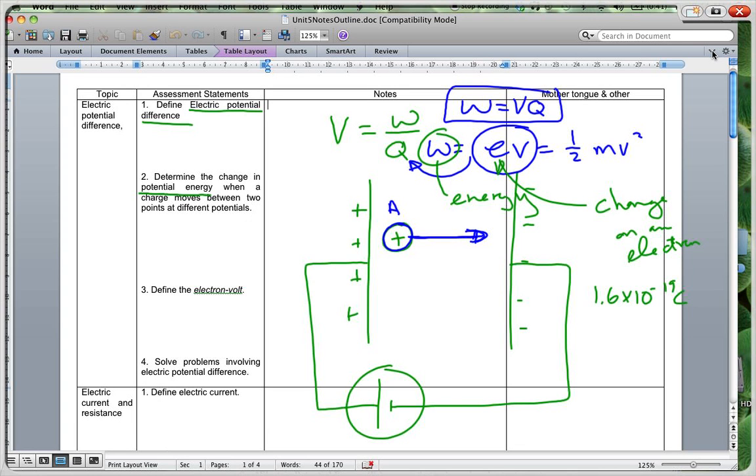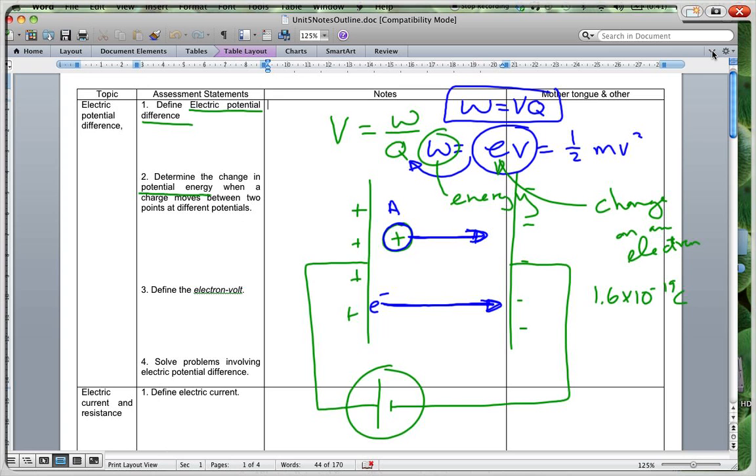In this case over here, for instance, say if I had an electron at this point over here, and I moved it from there to there, I would have to do work on that electron. I would have to force it over. So if I grab that electron and pull it over to this side, I would have to do work on it. I would give it electrical potential energy.